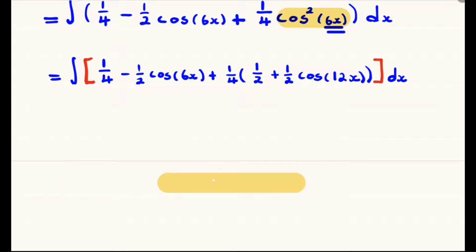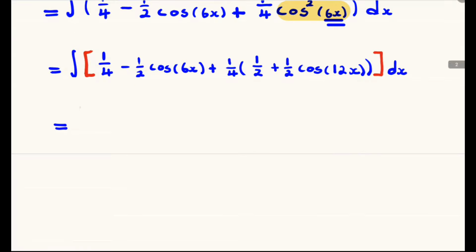So let's simplify one more time before we can integrate, and our integral will be equal a quarter minus half multiplied by the cos of 6x, and we distribute the 1 over 4. 1 over 4 multiplied by half is equal to 1 over 8.